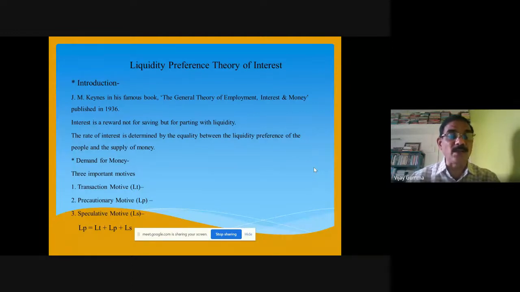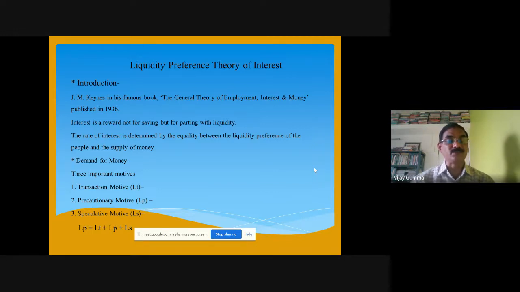It is called demand for money for transaction motive. Demand for money for day-to-day needs is called demand for money for transaction motive. It is represented by LT, liquidity preference for transaction motive.